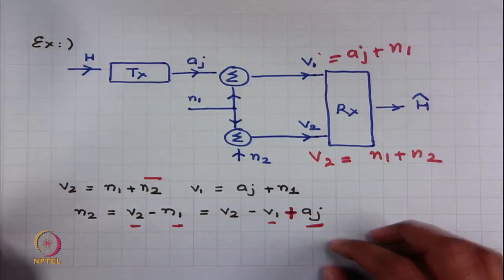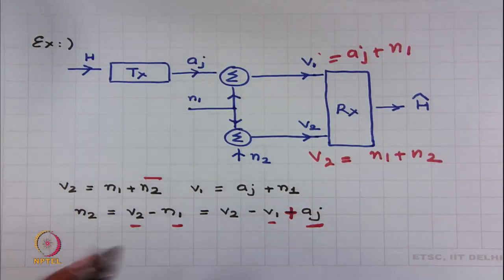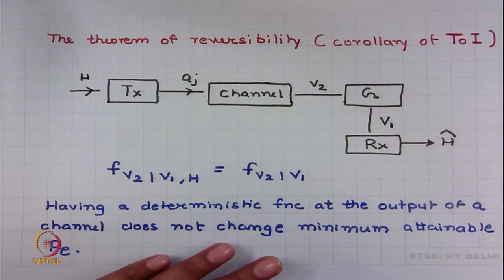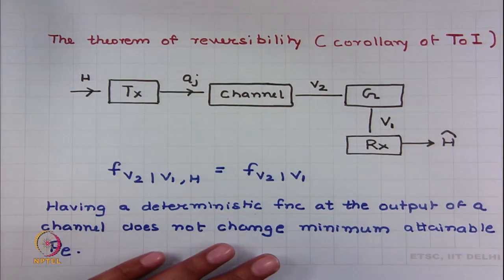So, the idea I am trying to convey is, sometimes you can work this out through maths as we have done, and sometimes you can also intuitively think whether a random variable is relevant or irrelevant for the detector. There is a corollary of the theorem of irrelevance, and that goes by the name of the theorem of reversibility.